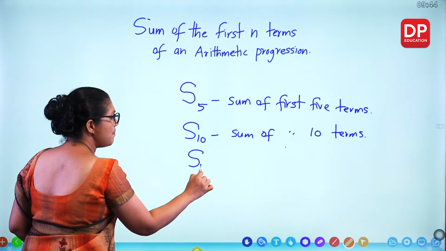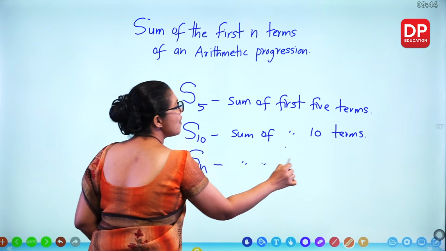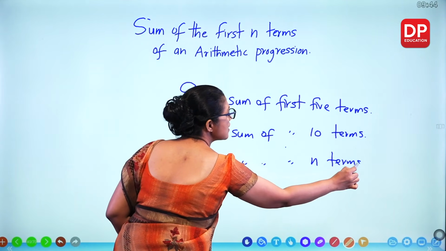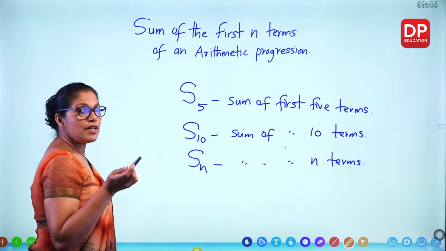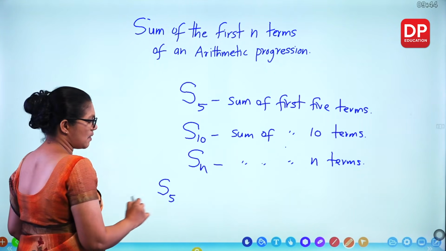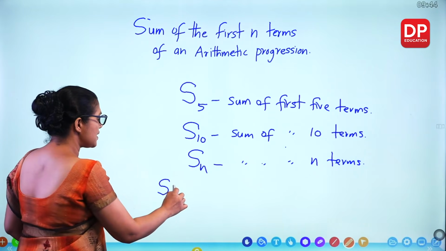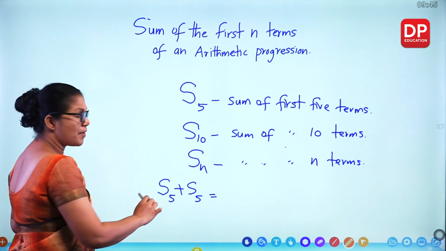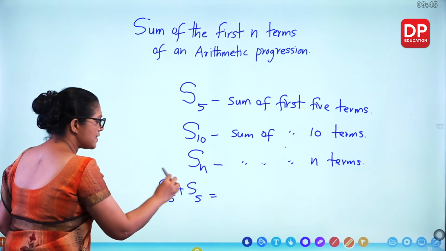Then Sn means the sum of the first n terms. Also, remember that when you are adding, take S5, the sum of the first 5 terms. This is like algebra letters; S5 is a term.